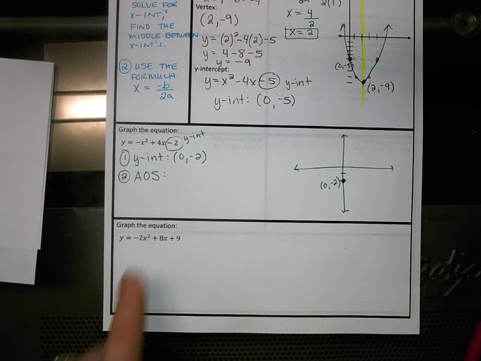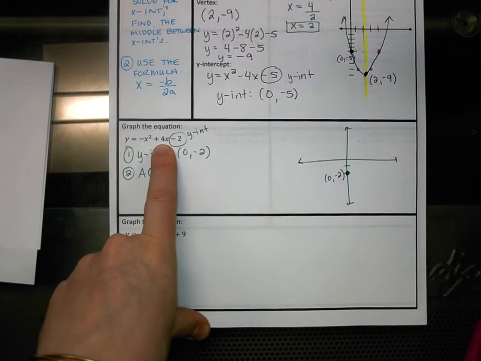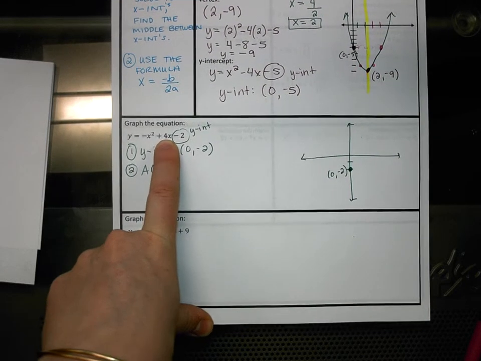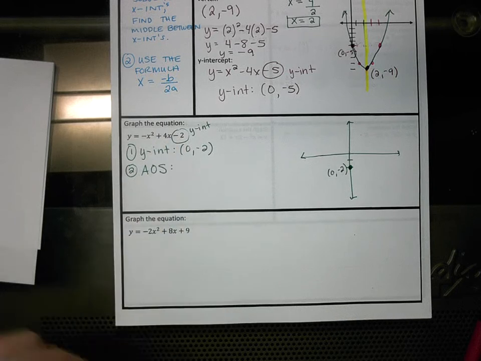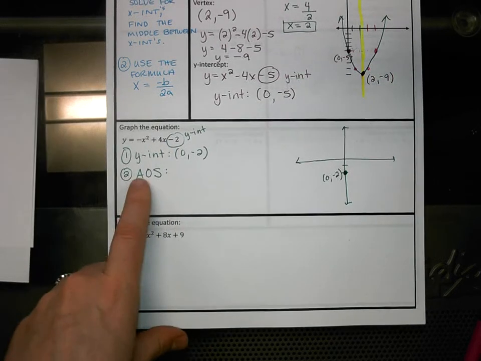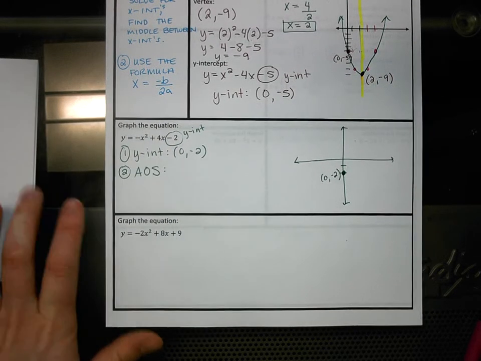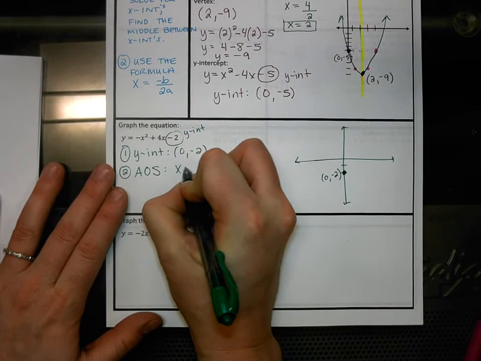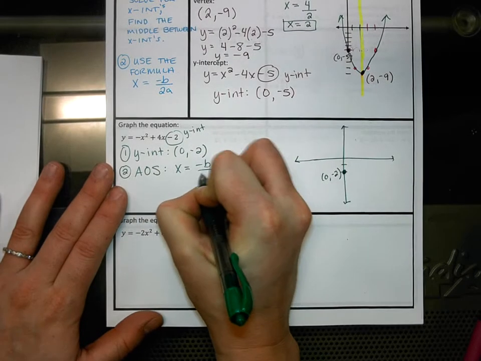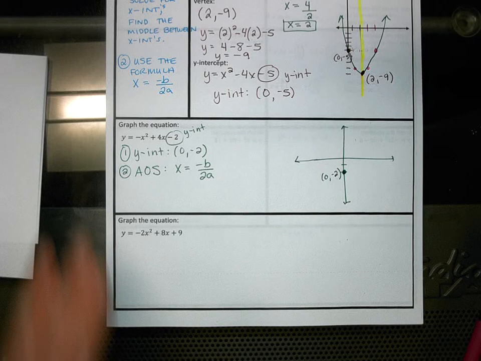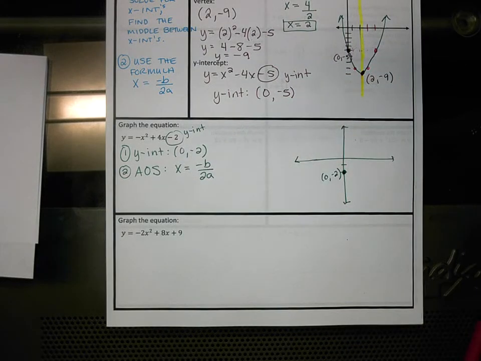But this equation is not factorable, just like the one we practiced on the opener. So whenever you have one that's not factorable, we're going to use x equals negative b over 2a for your axis of symmetry. If it is factorable, you can still use negative b over 2a. You don't have to use that.